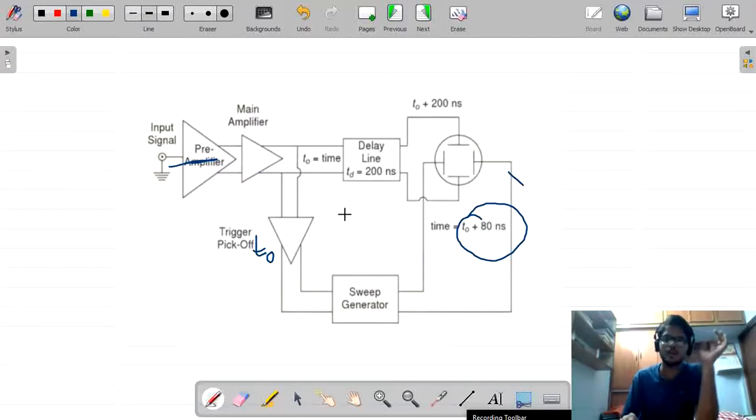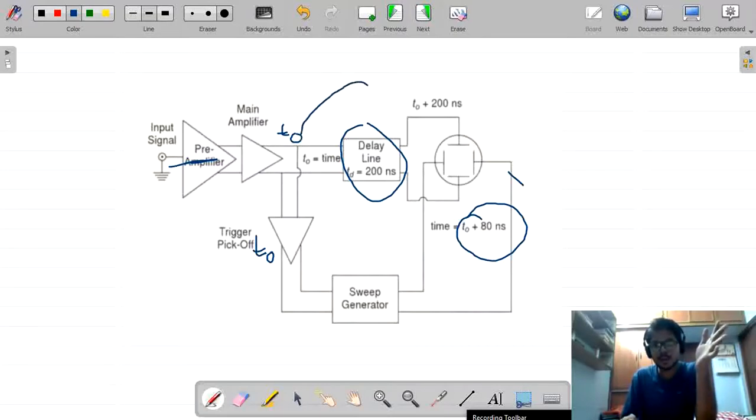Okay, now assume that there is a delay. Now what will happen? At this point my signal has a time of T0. My vertical deflection system took the complete time of T0 plus 200 nanoseconds in order to reach the vertical amplifier.